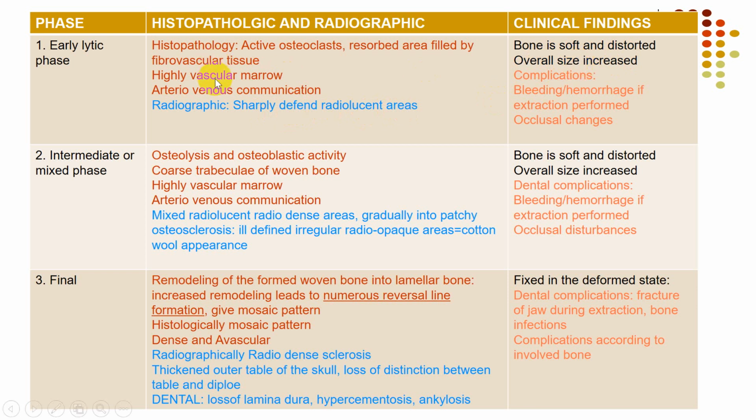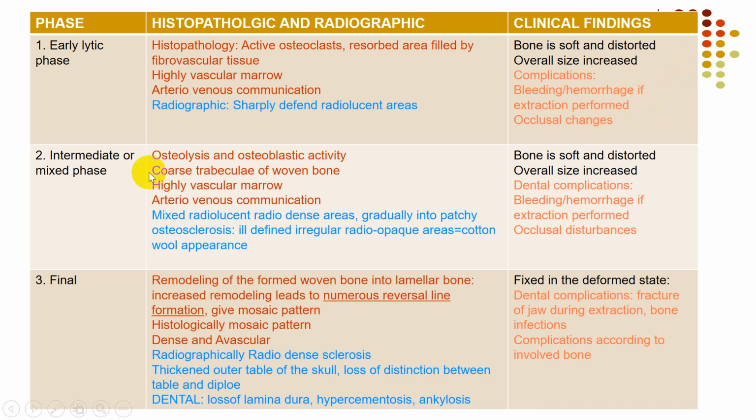Maybe because of the arteriovenous communication and excessive fibrovascular tissue formation, but the result is we have soft bone. Complications in this phase: we will have bleeding, hemorrhage if extraction was performed, and we will have occlusal changes because of the change of the size of the bone. Here I'm talking about the jaws in general.